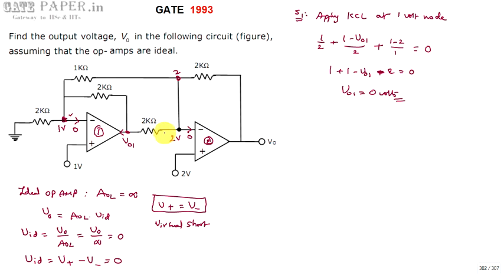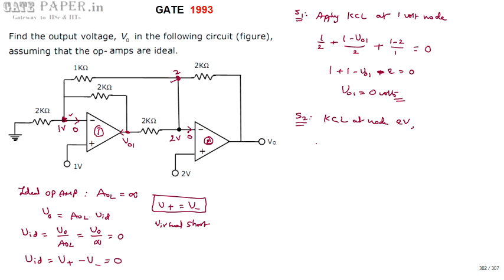Next, second step. Since you know V01, you can now directly calculate V0. Apply KCL at the 2 volt node.